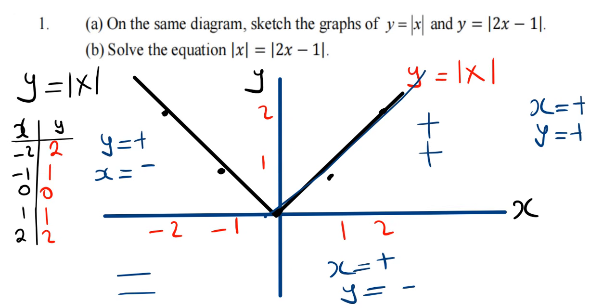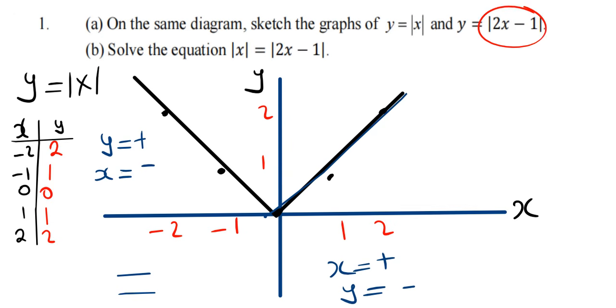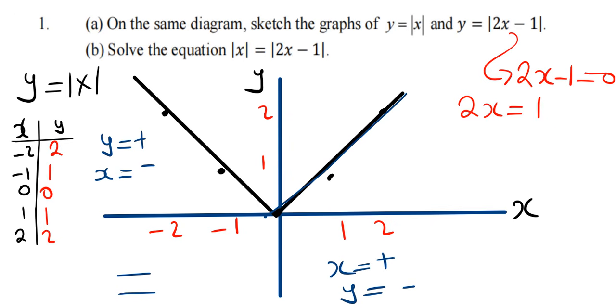For the second graph, it's more interesting because we have a shift in the x. If we had a number like maybe +4, this would have been a shift in the y. For us to find the shift in the x, get what you have in the modulus and equate it to 0. So 2x minus 1 equals 0. So 2x equals 1. I'm going to divide by 2 on both sides. So x equals a half, or 0.5.